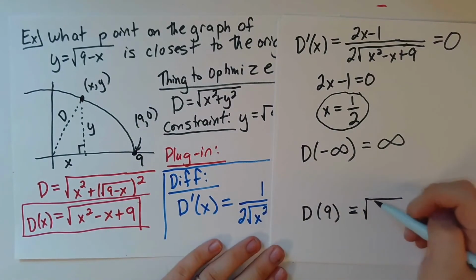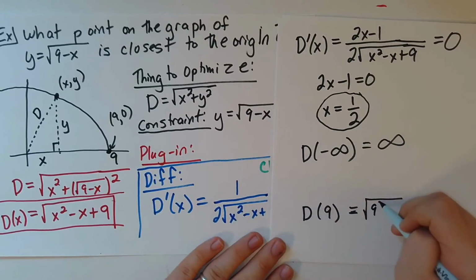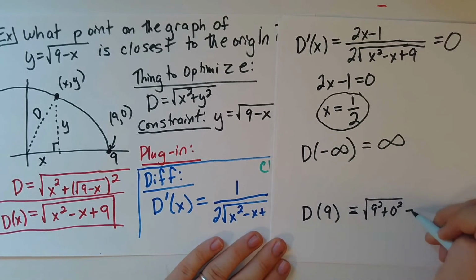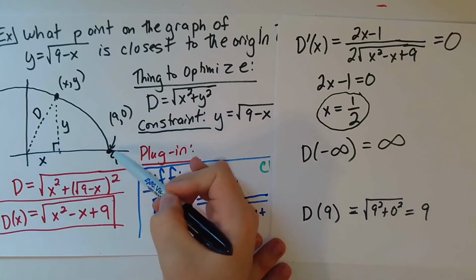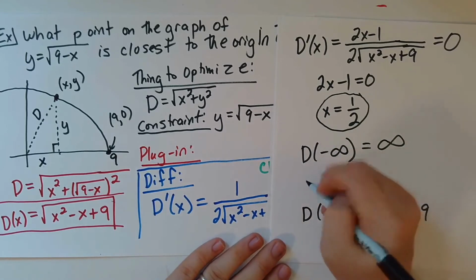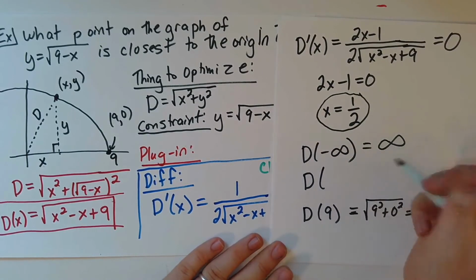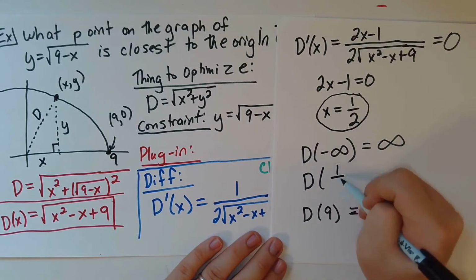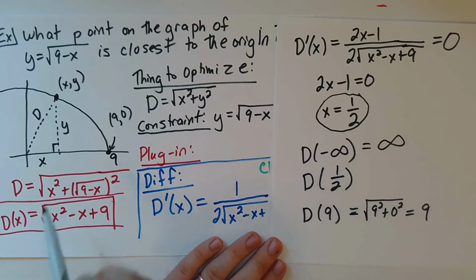So this is the square root of 9 squared plus 0 squared, which is 9. Okay, so this point over here is a distance 9 away from the origin. And so then the question is, what's the distance of this point when x is 1/2?